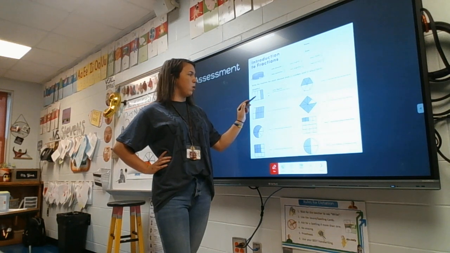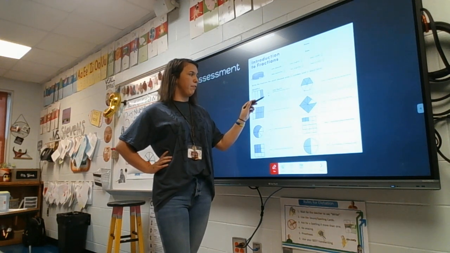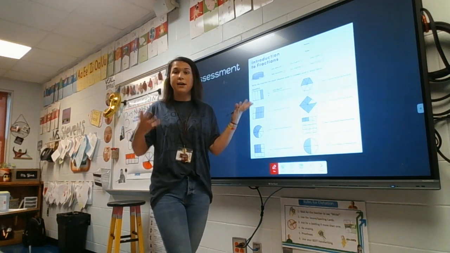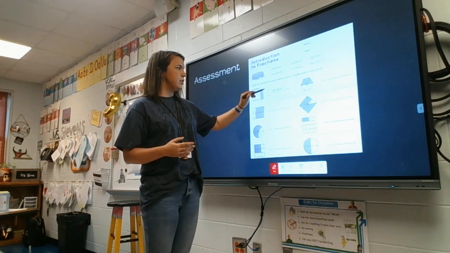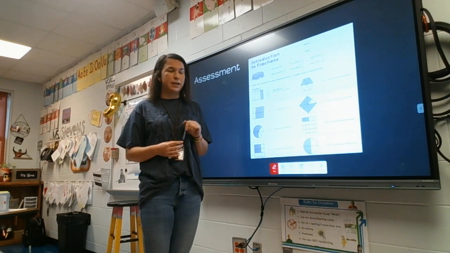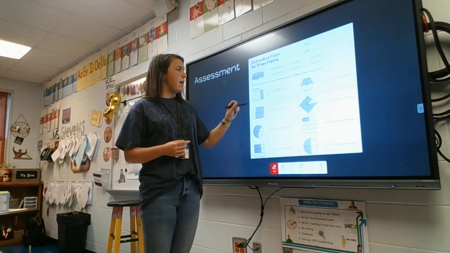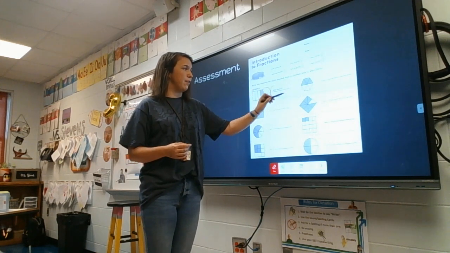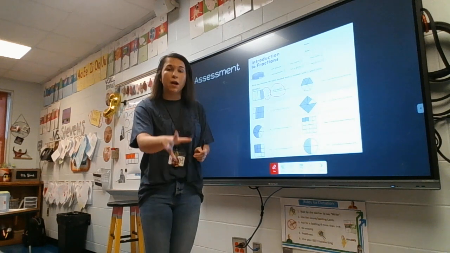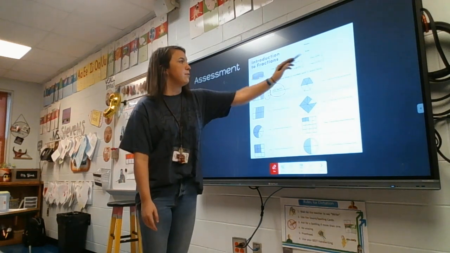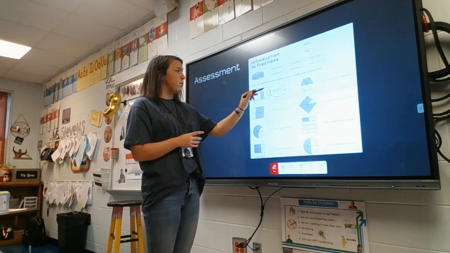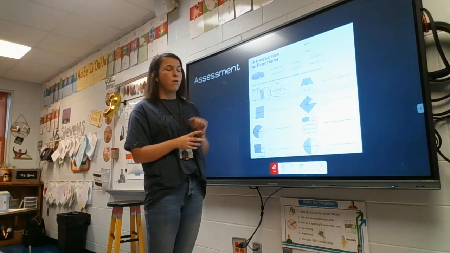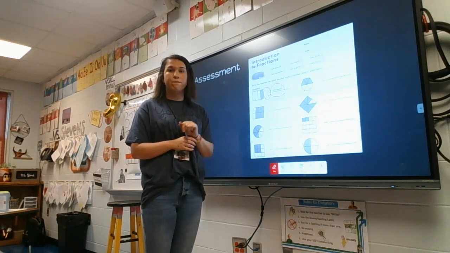So you're going to count your total ones. 4, they put 4 as my denominator because that's my total number. And then only 1 was shaded. So then you do the 1 as your numerator. So you have the fraction, and then you have to have it written out. Do not worry, because they give you examples at the top that you can refer back to. So they did 1 as the numerator, 4 as the denominator, and then 1/4.